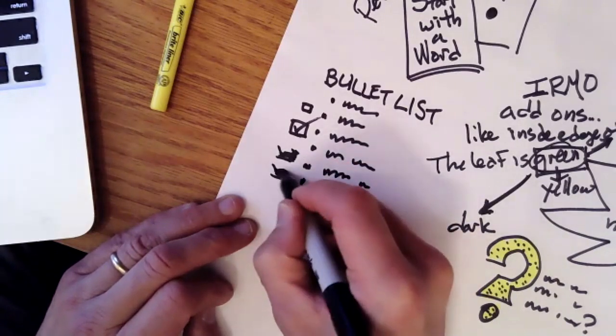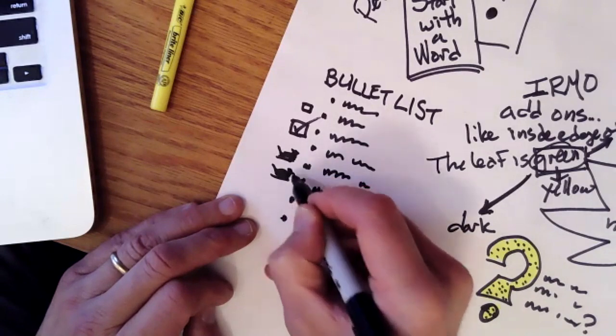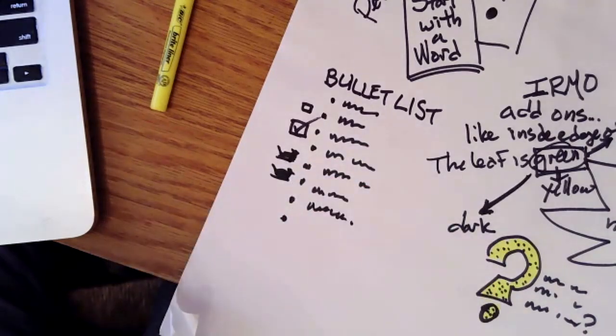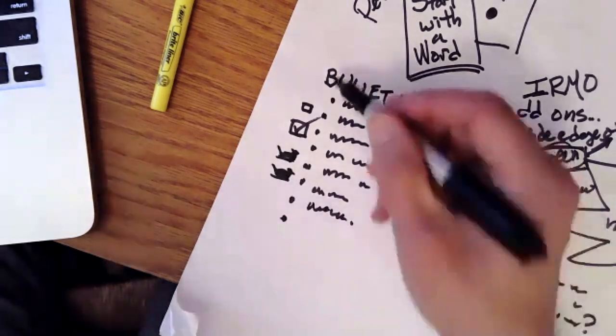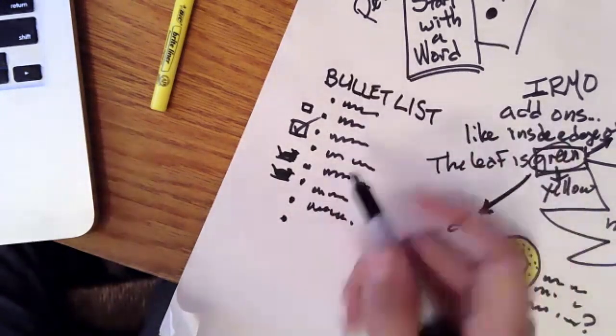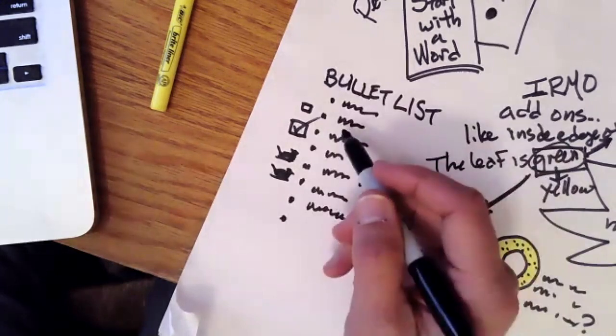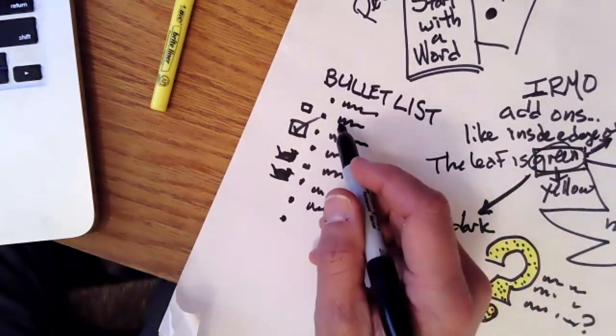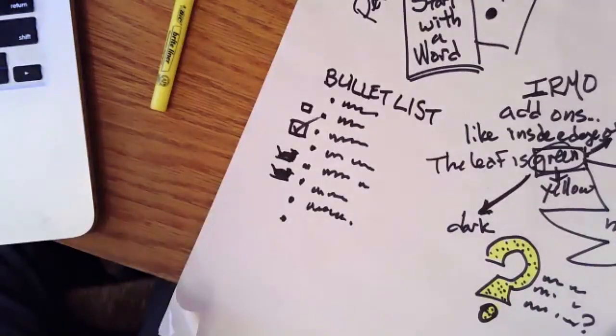Here's my next duck. You don't want something too difficult for you to draw, though. But the way you think when you play with these words in a bullet point list is going to be very different than if you are writing in a paragraph.